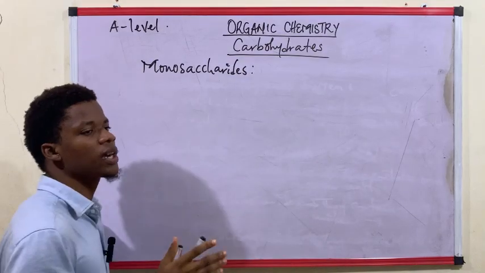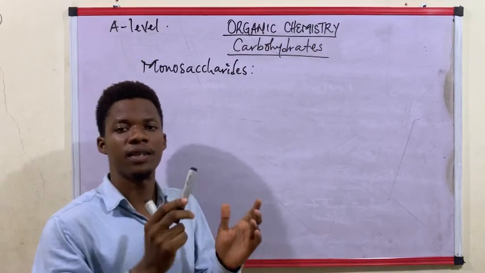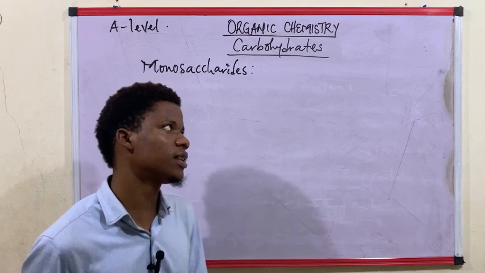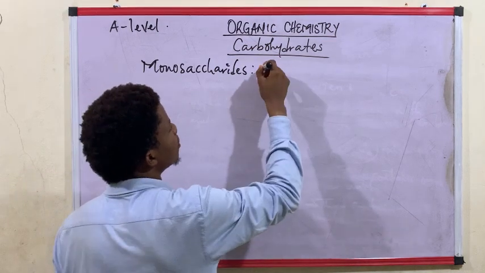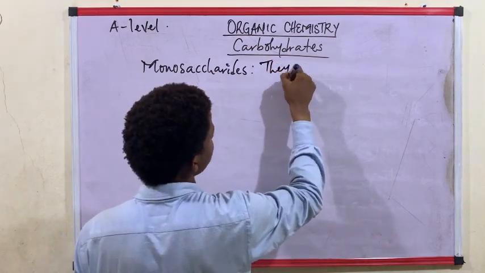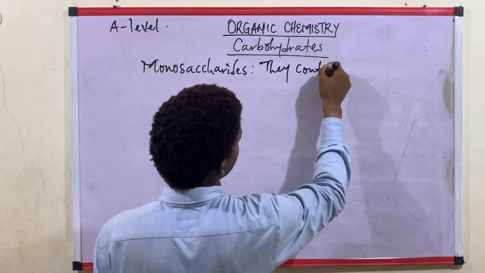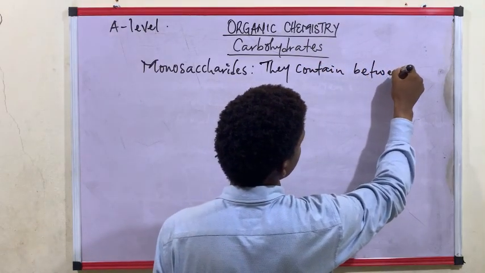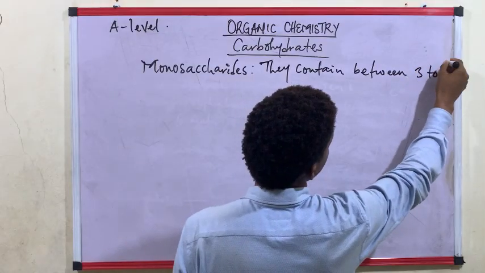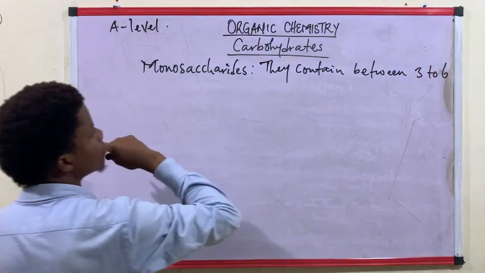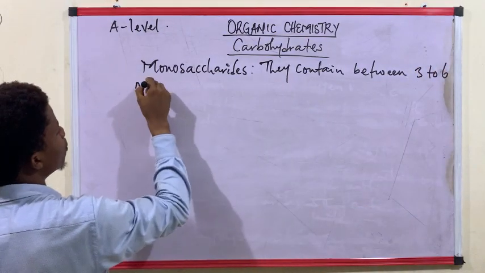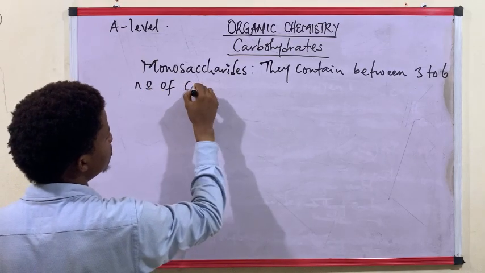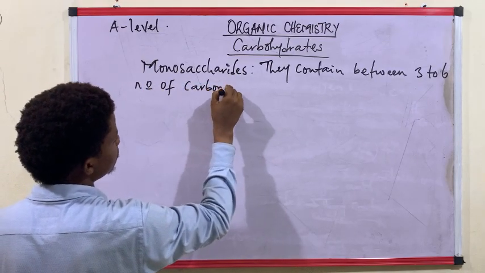A monosaccharide contains between 3 to 6 carbons.